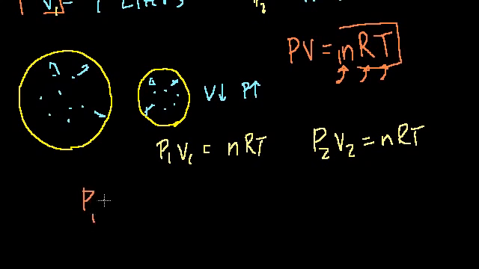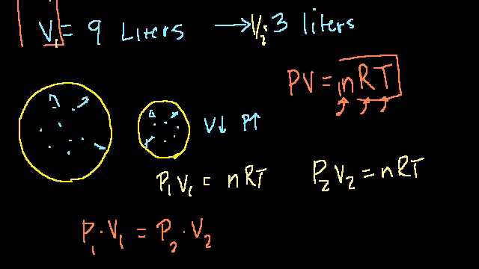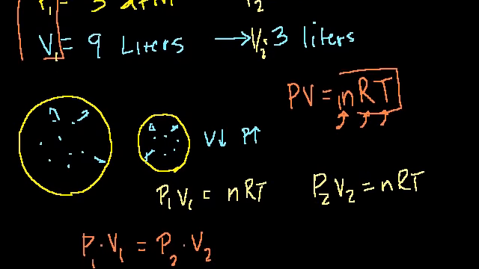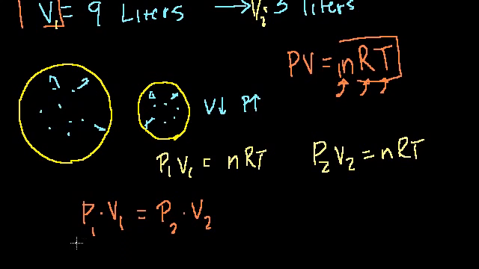So P1 times V1 equals P2 times V2. Our initial pressure P1 was 3 atmospheres. So we have 3 atmospheres times 9 liters is equal to our new pressure times 3 liters.